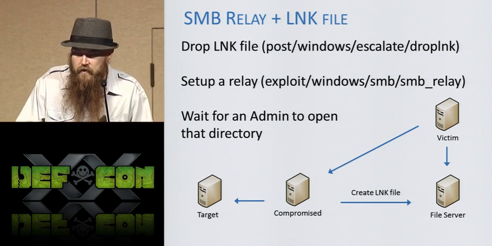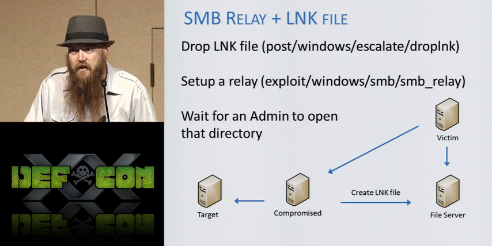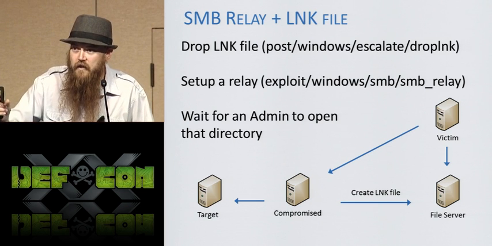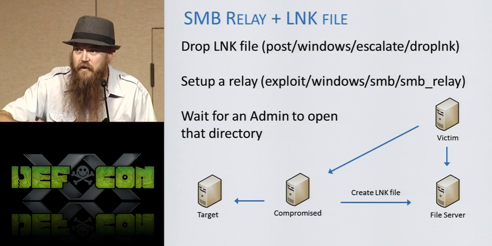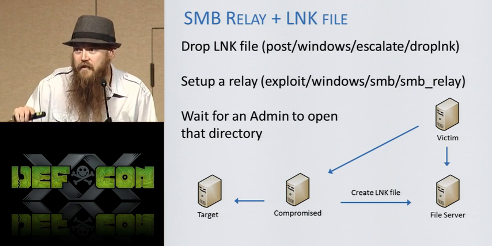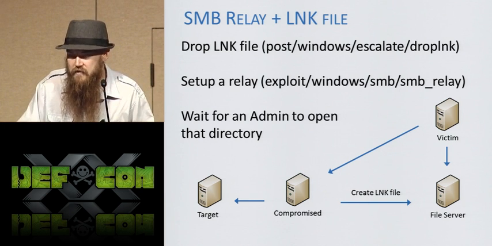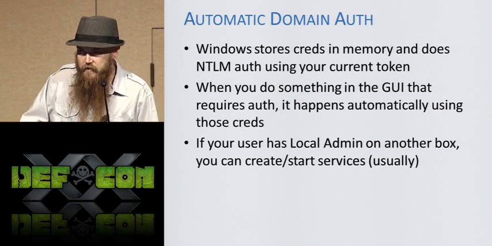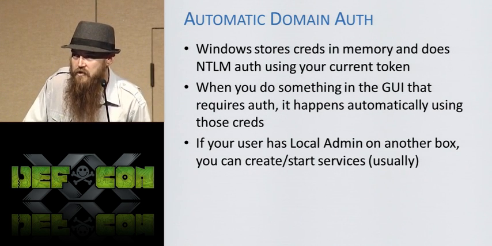So now some victim opens up that share. The share has this icon. The icon is a link to our thing, so it tries NTLM authentication to our box. And so once we do that, then we can own all the things. Very cool technique.